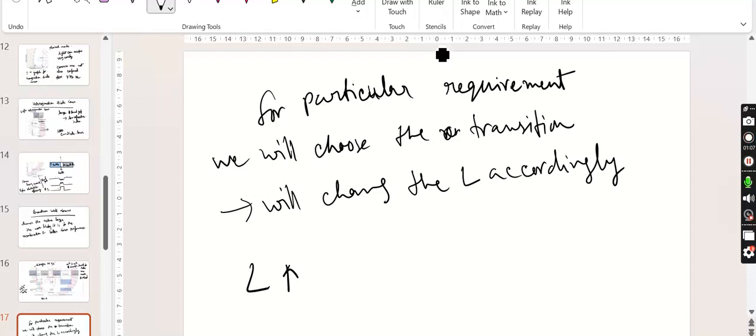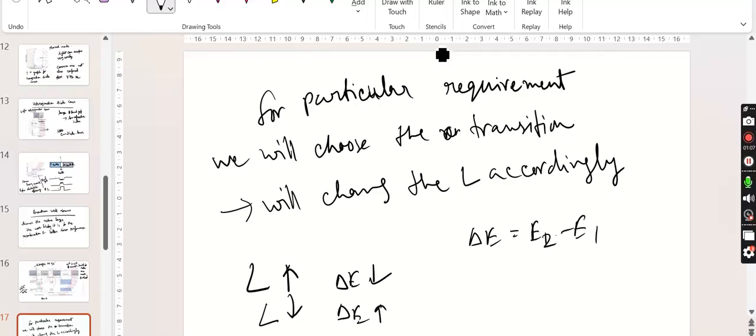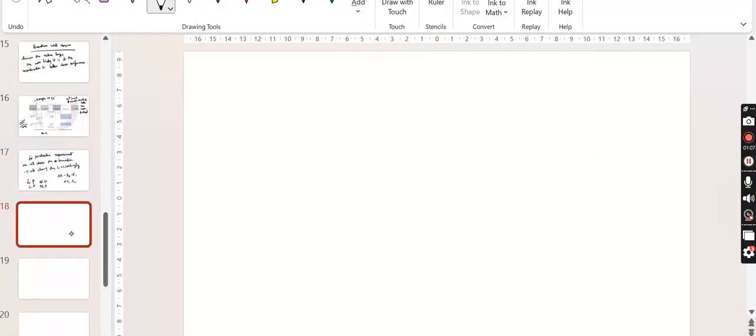If we increase L, then delta E decreases, and when L decreases, delta E increases. Delta E is basically E2 minus E1, or E3 minus E2, whatever, the same thing.